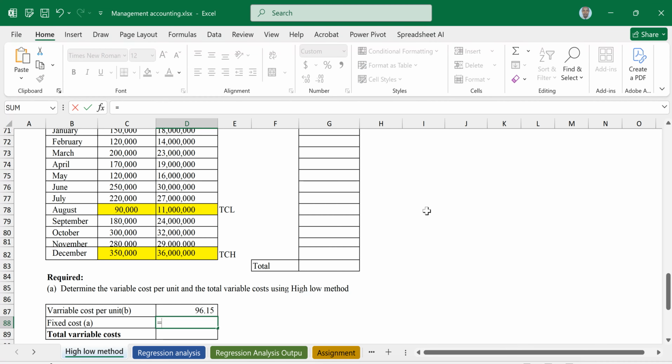Now fixed cost will be equal sign. You can use the highest level or the lowest level. I want to use the highest level. The total cost at high minus open bracket, the number of units at high times variable cost per unit, which is B, close bracket, enter.